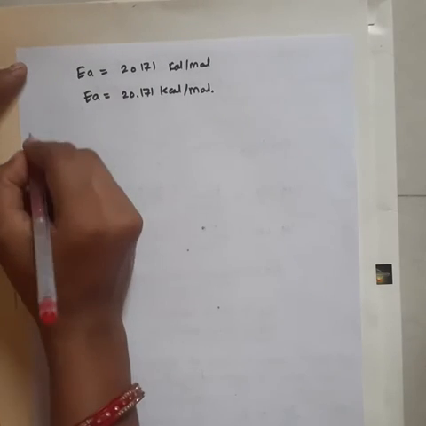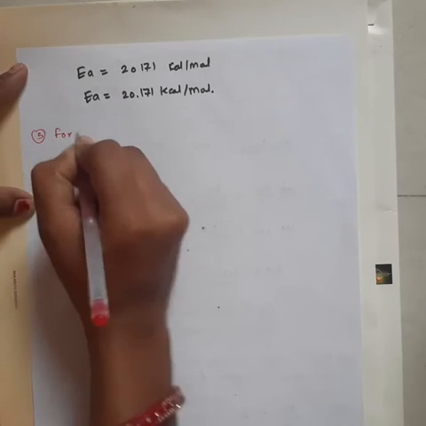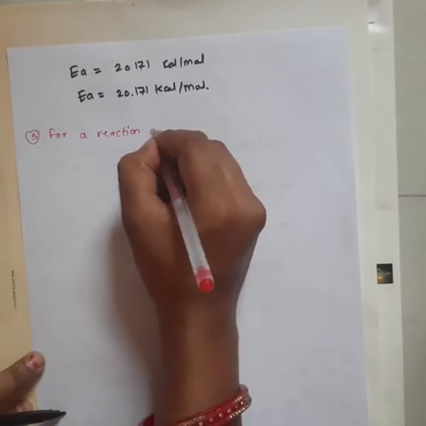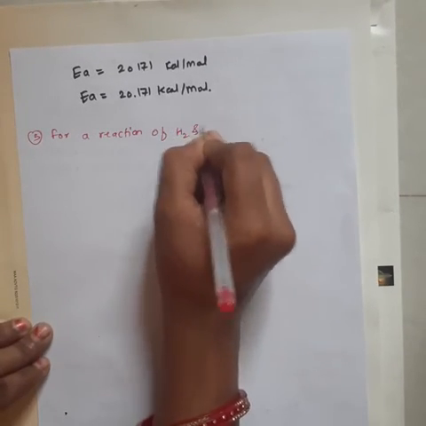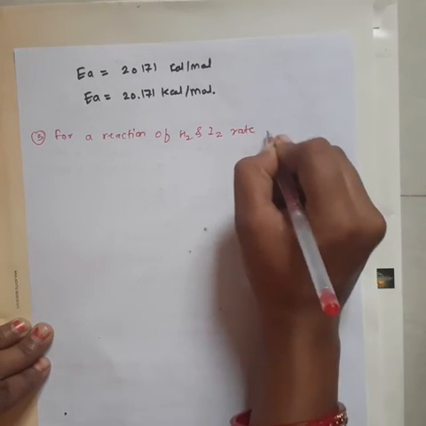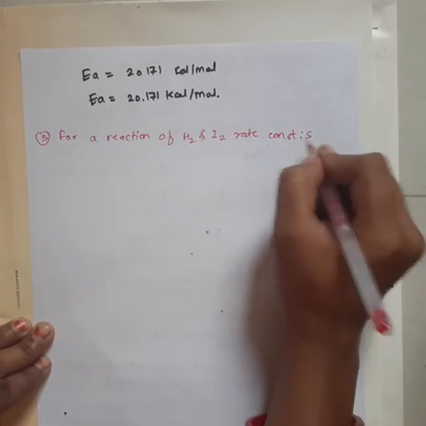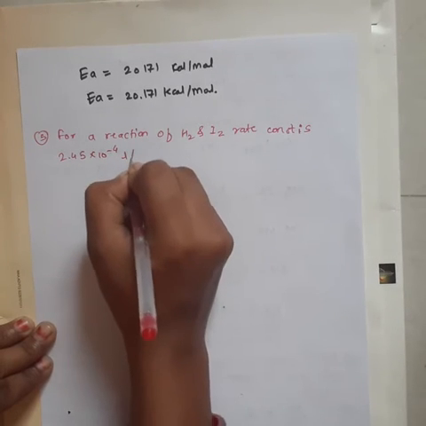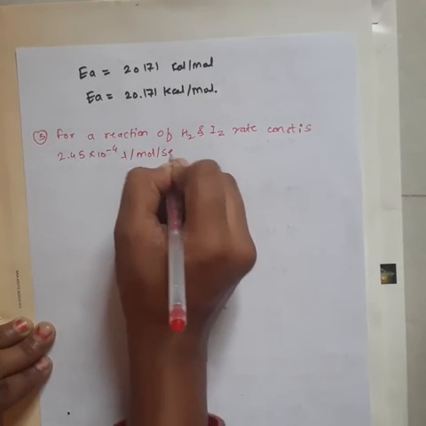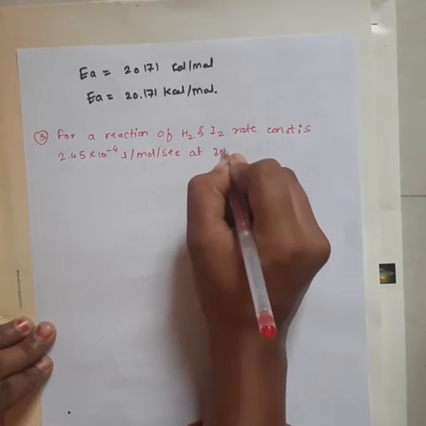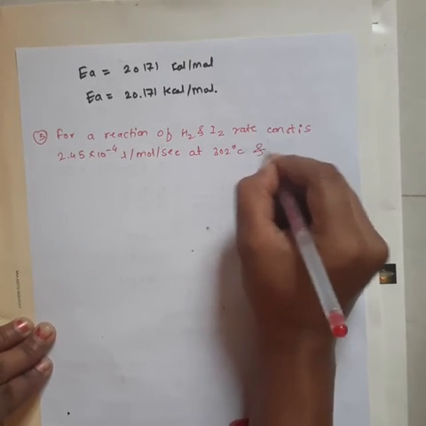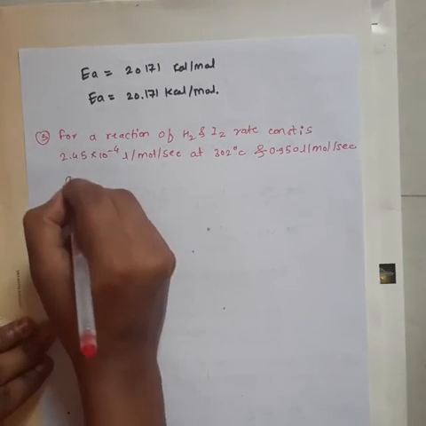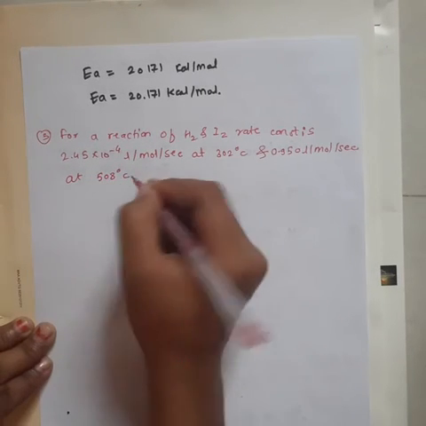So the next problem is, for a reaction of H2 and I2, the rate constant is 2.45 into 10 raised to minus 4 liter per mole per second at 302 degrees Celsius, and 0.950 liter per mole per second at 508 degrees Celsius.